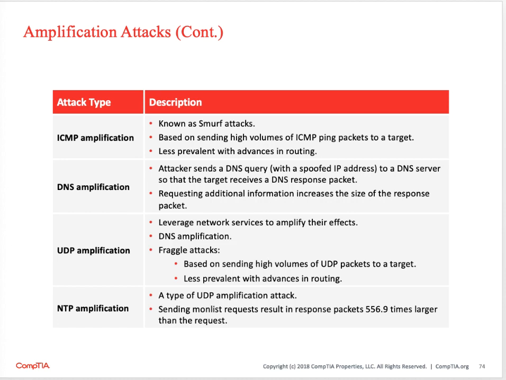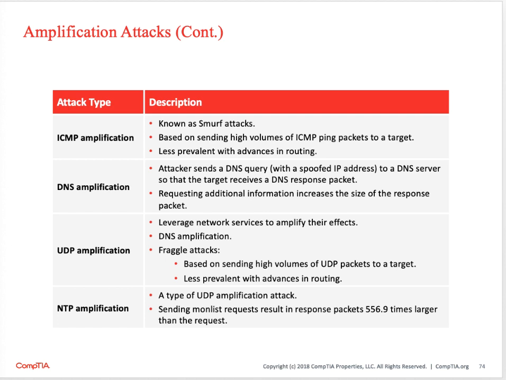There's something called a Fraggle attack, which is like a Smurf attack, but instead it's going to use UDP packets rather than ICMP, the ping ones, to bombard the router's broadcast address. A lot of times these newer routers are not going to forward traffic that has a broadcast address, so these attacks are less likely nowadays. But we still need to know about them.